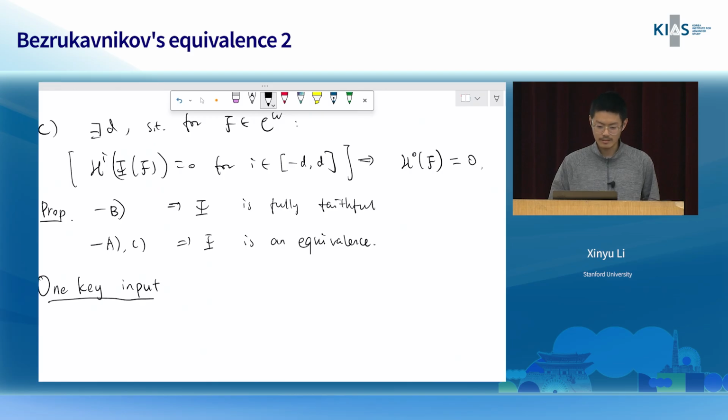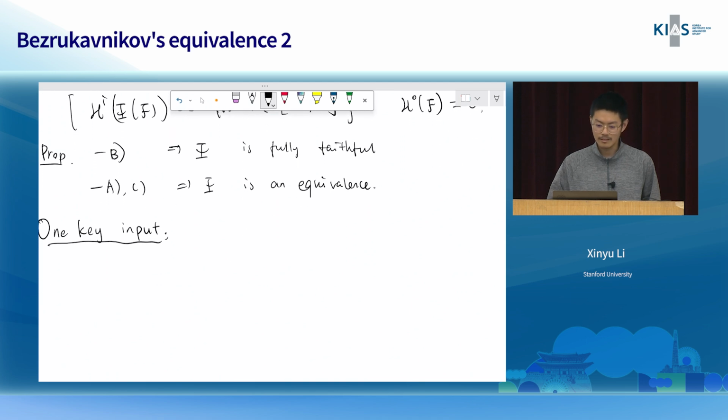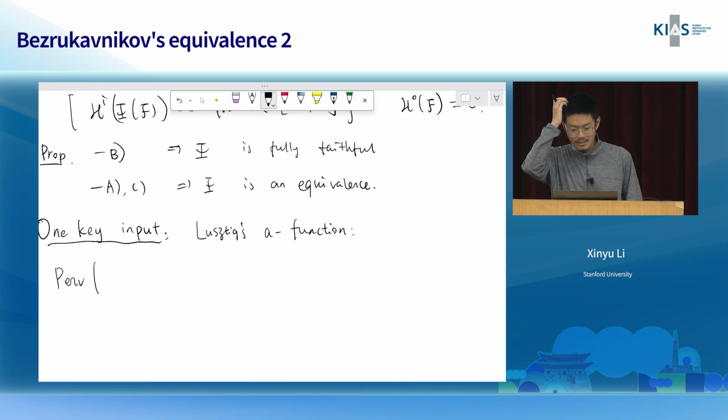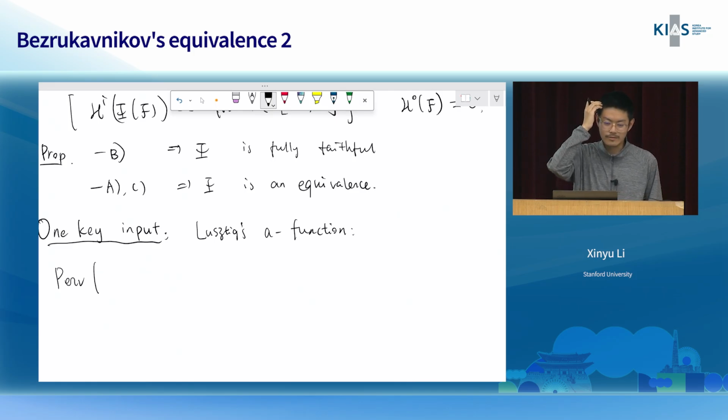There's a theory of Lusztig's a-function. Of course, in our application, we endow this category of constructible sheaves with the perverse t-structure. So we would like to analyze what Bezrukavnikov called the almost exactness of this functor.